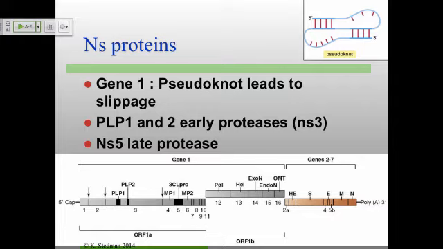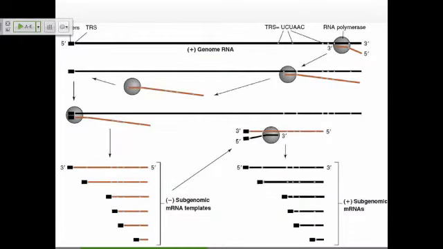Of course, the other mechanism here is these nested subgenomic RNAs, which are made by the RNA-dependent RNA polymerase. Every time it gets to one of these basically pause positions in the genome, it can decide whether to jump to the opposite end of the genome or keep going.